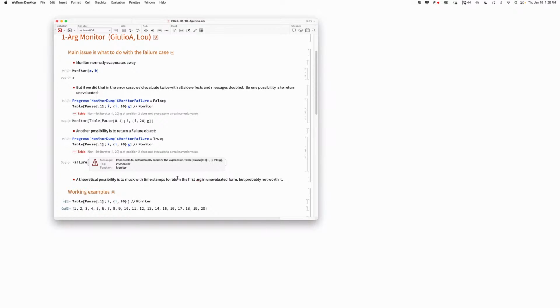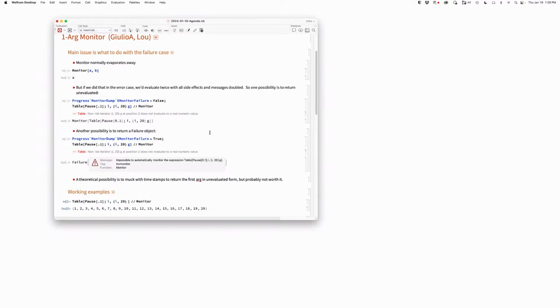So it should not evaporate away. One possibility is to return completely unevaluated, with the Monitor still stuck there, or to return a Failure object. And we've implemented both for you.